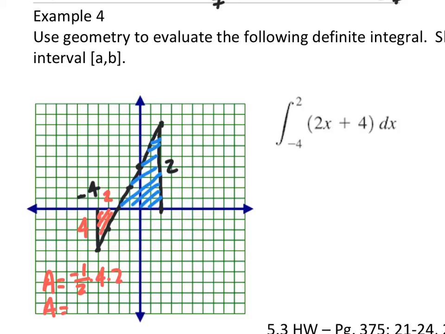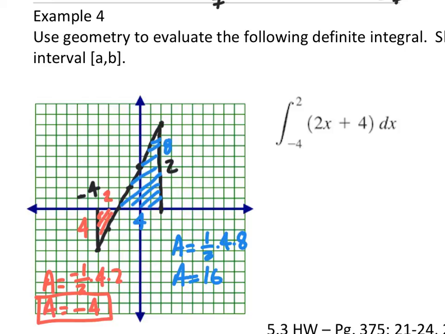Half of 4 is 2, so that gives me an area of -4. And then my blue triangle is a 4 by 8 triangle, so the area is 1/2 times 4 times 8. Half of 4 is 2, times 8 gives me an area of 16.